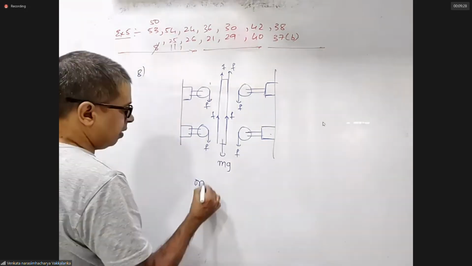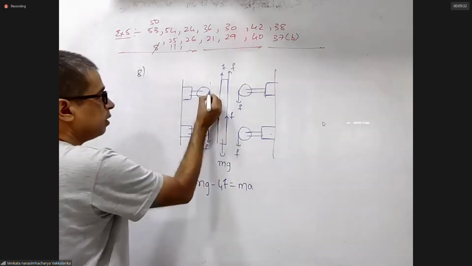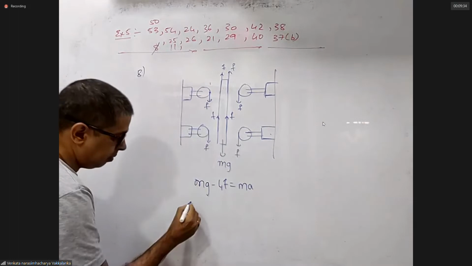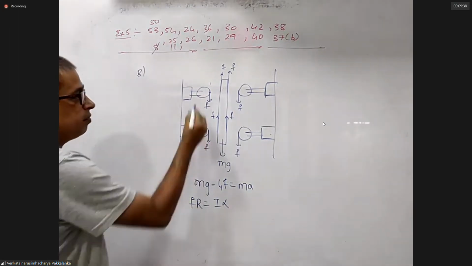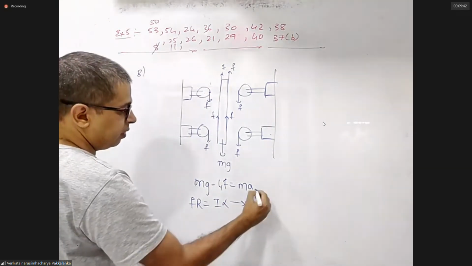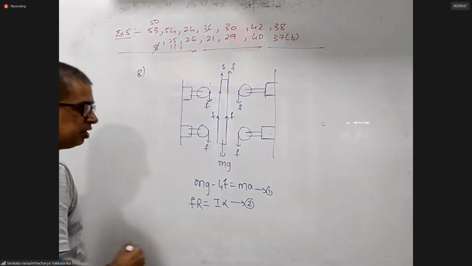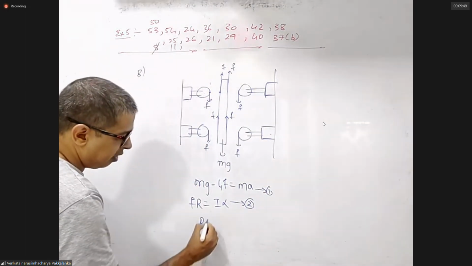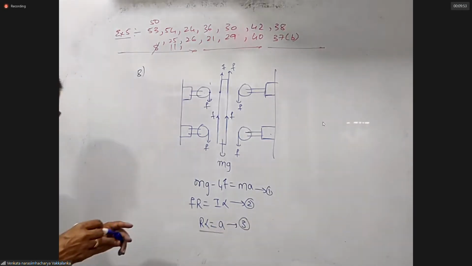Your equation will be mg minus 4f is equal to m into a. Acceleration of this will be f into r is equal to I into alpha. I will be the moment of inertia of the disk. Second equation. And then acceleration of this point and this point should be the same, so r alpha should be equal to a. Third equation.